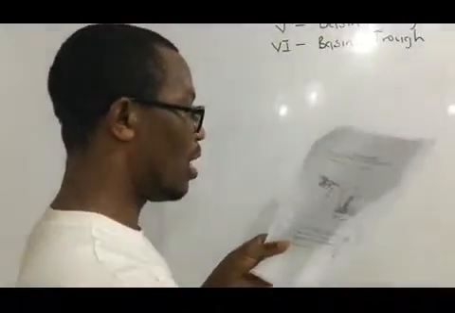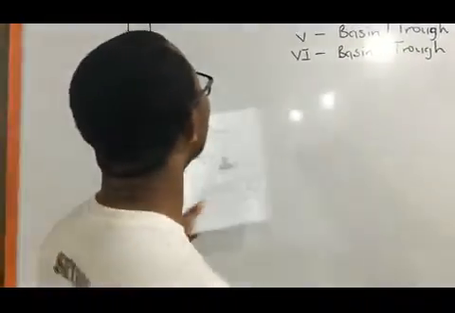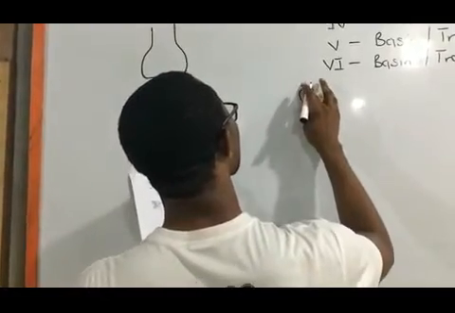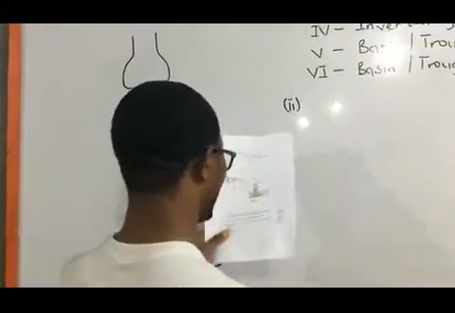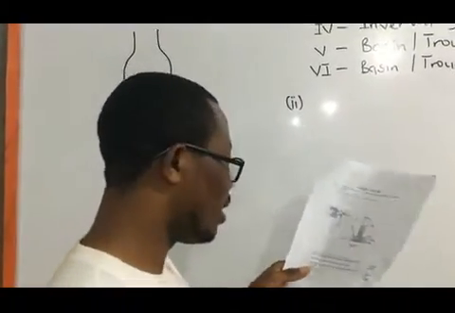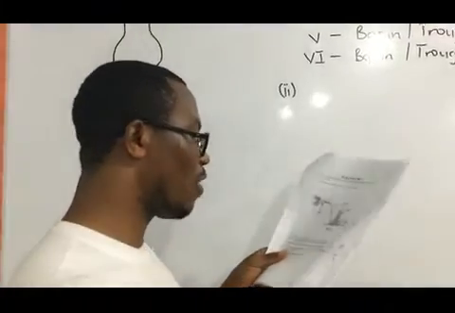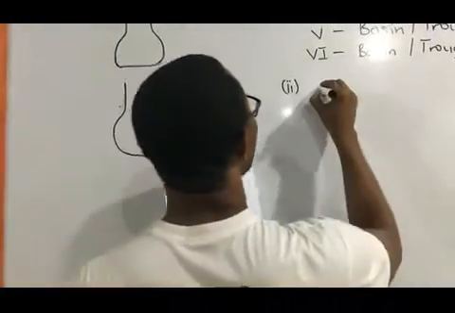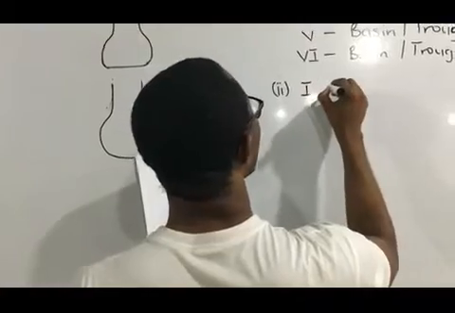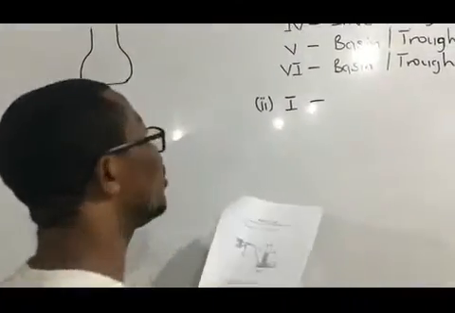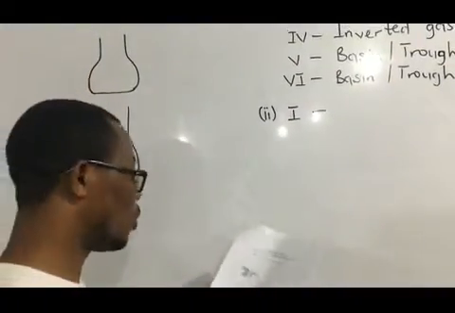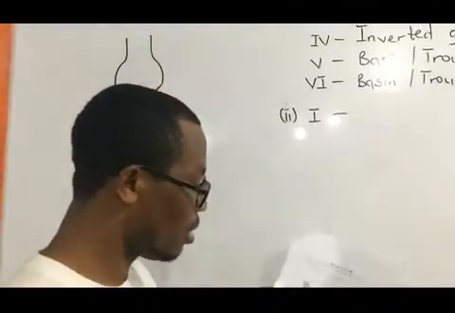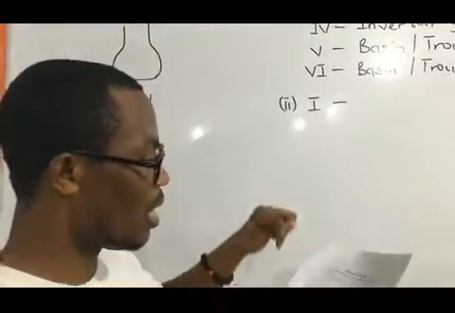Now, part (ii) says state one function each of the parts labeled I, III and IV. So you're looking at the function of I. What's the function of the round bottom flask? The round bottom flask is what contains the reactants.